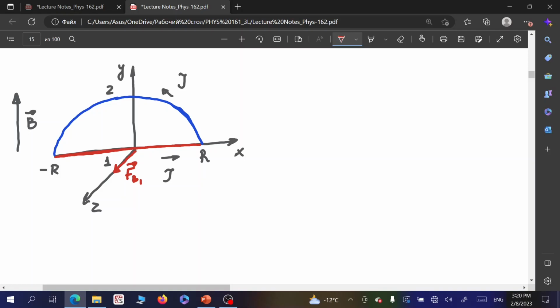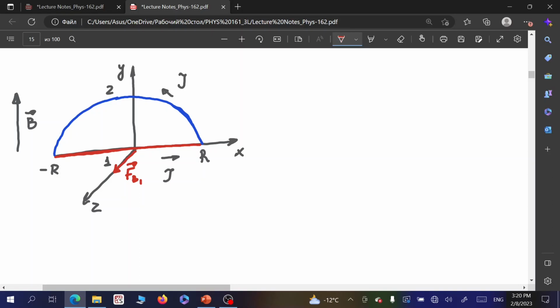Now, in order to finish this at this point, let us consider what will be the direction of the magnetic force exerted on conductor number 2. This is the direction of electric current through this conductor.